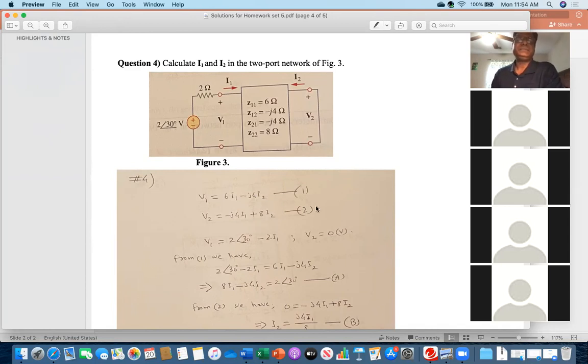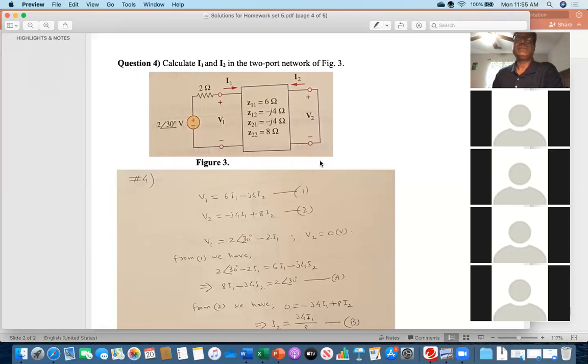But now you have to put in the V1 and V2 values. So everybody see, here is the V1. There is a source and there is a voltage drop here due to I1. So that's why V1 is 2 angle 30 degrees minus 2 multiplied by I1.